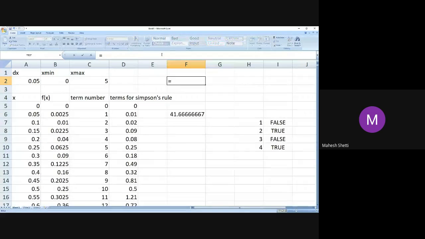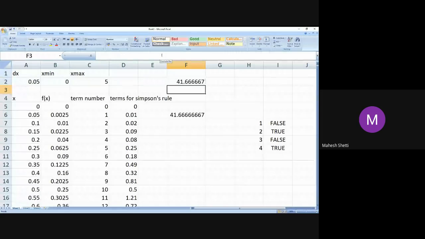The function was x squared, so 125 divided by 3 is the output. You see it is coming out precisely to all the decimal places that you observe over here. This is the analytical expression, and this is what you got from our calculation. Is it fine? We'll calculate other functions also.